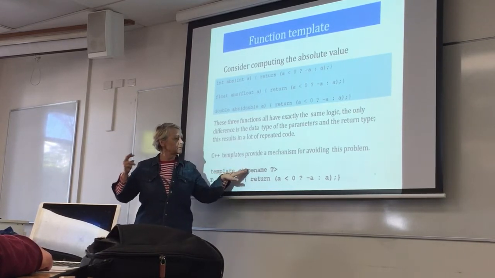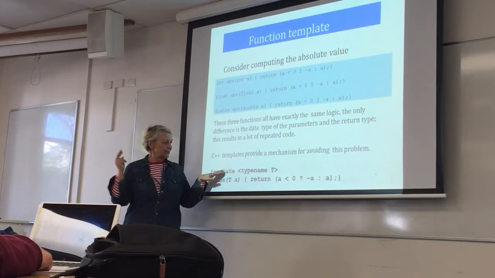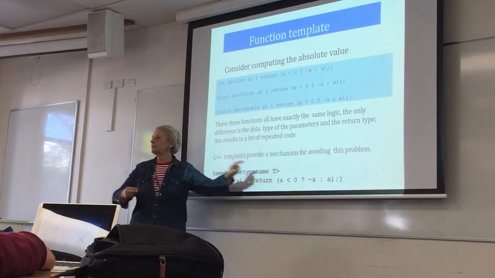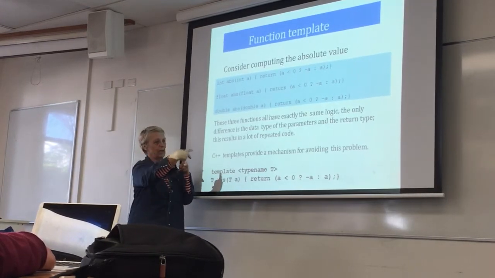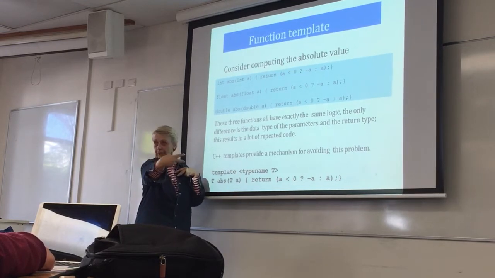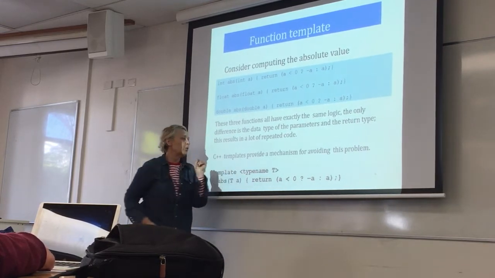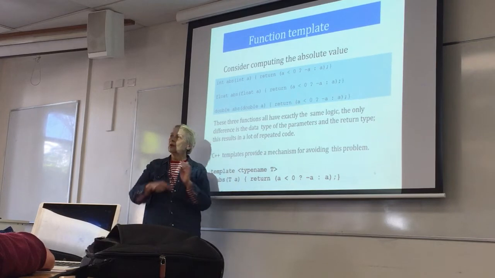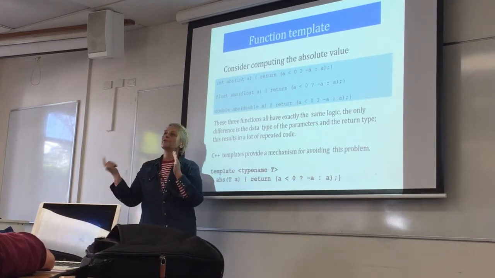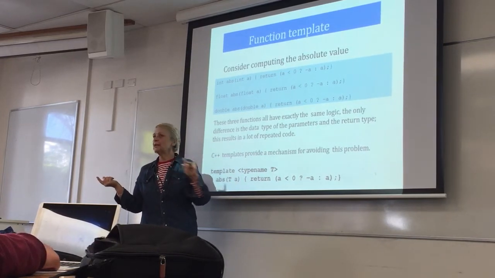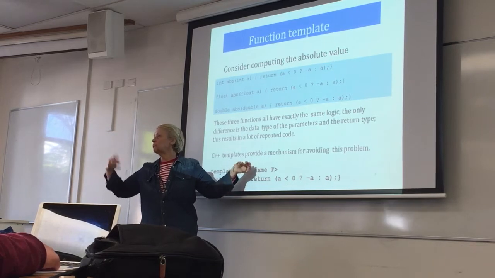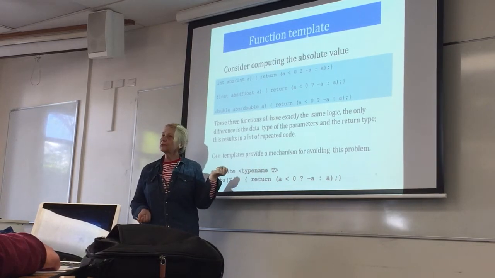So we have the template keyword, angle brackets, these angular brackets, open and closed, and between them we list what variable we have for types. We can have one, and you will see you can have more than one variable for types.